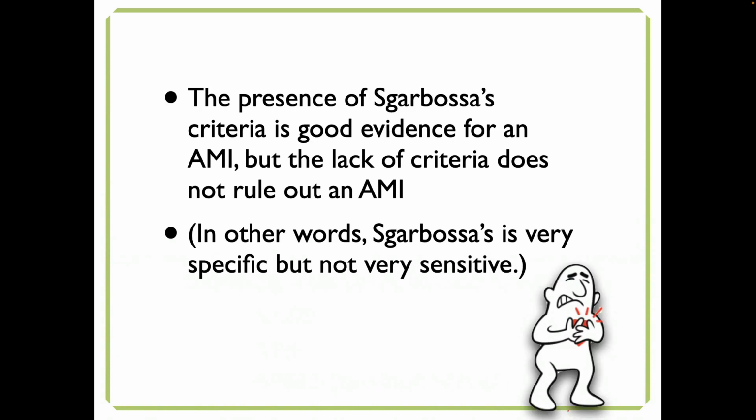And again, the presence of a Sgarbossa criteria is good evidence, but lack is you're just back to where you began. If somebody says there's a STEMI in a left bundle branch block, you look quickly for Sgarbossa, you don't see it, your answer is, I don't know. I can't tell, it's a left bundle branch block.